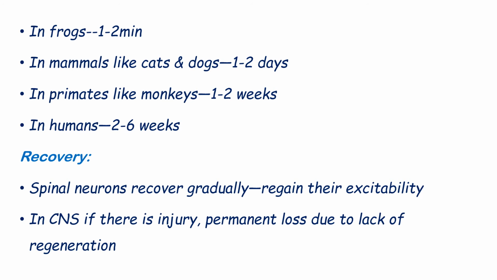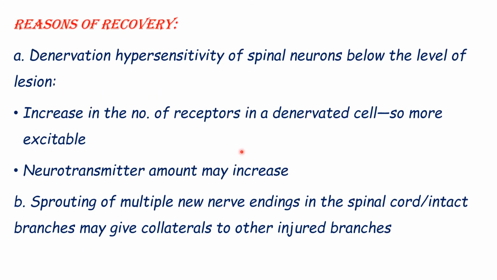So in the CNS, there is permanent loss due to lack of regeneration. Now what are the reasons for recovery? The spinal motor neurons regain their excitability. One reason is denervation hypersensitivity of spinal neurons below the level of lesion. There can be an increase in the number of receptors in a denervated cell, so they become more excitable.